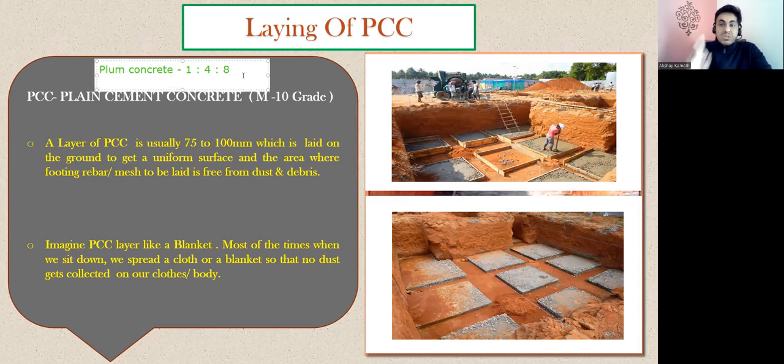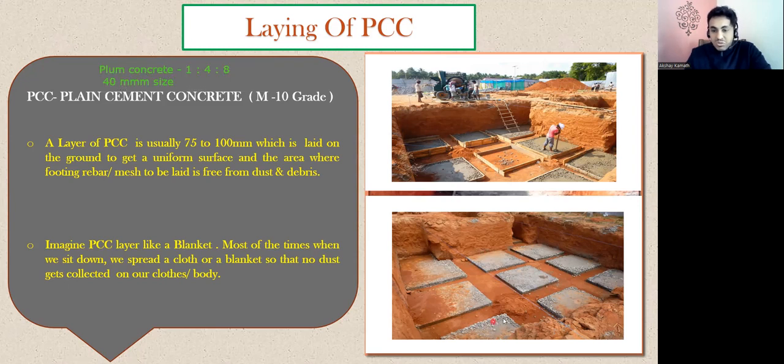The second thing, which is very important: only in the PCC, the coarse aggregate we are going to use is 40 mm size. Those are bigger stones we use here. You can see a lot of bigger stones here, which are coarse aggregate. The size of that is 40 mm.